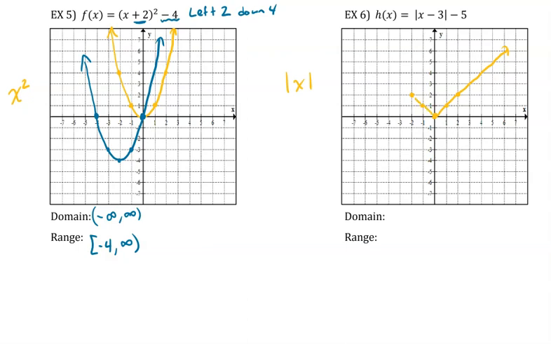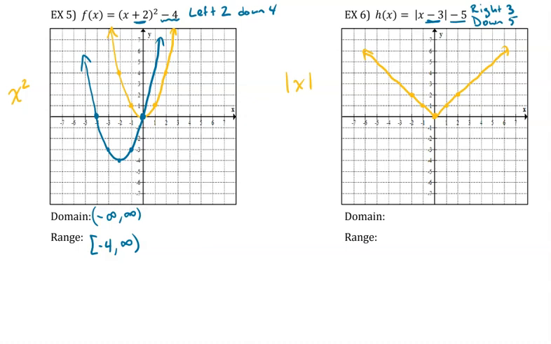And we draw the V shape through it. And we see what's happening with it. Well, negative 3 means right 3. And a negative 5 on the outside means down 5.